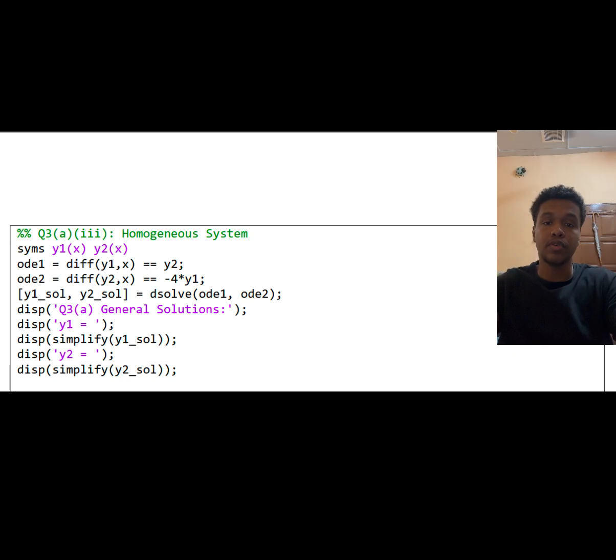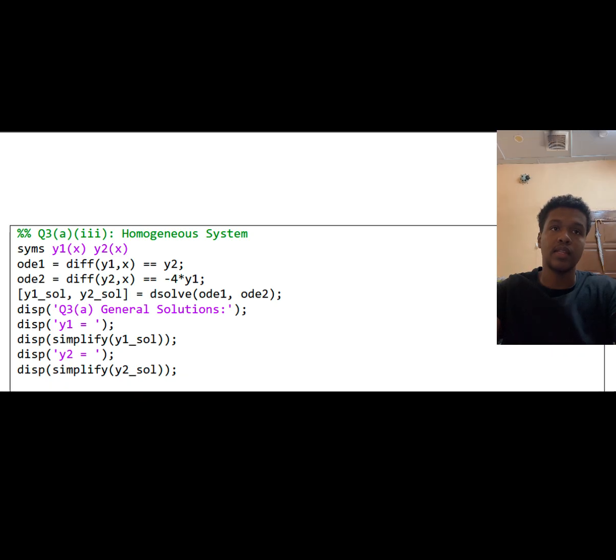Now the MATLAB code for question number 3. In this part, we are solving a system of two first-order homogeneous differential equations. We first define y1(x) and y2(x) as symbolic functions, using syms. Then we set up the system. The first equation says dy1 over dx equals y2, and the second says dy2 over dx equals minus 4 times y1.